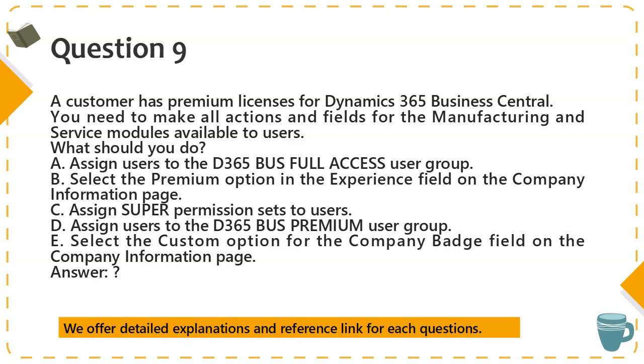B. Select the Premium option in the Experience field on the company information page. C. Assign super permission sets to users. D. Assign users to the D365 Bus Premium User Group. E. Select the custom option for the company badge field on the company information page.